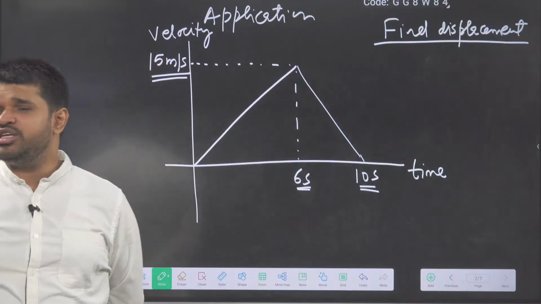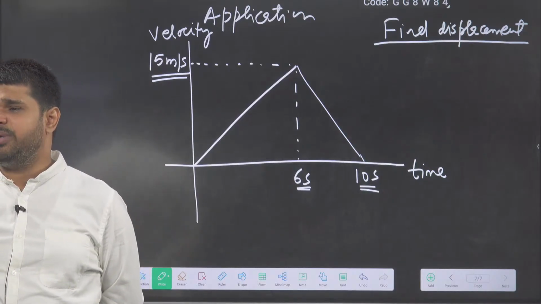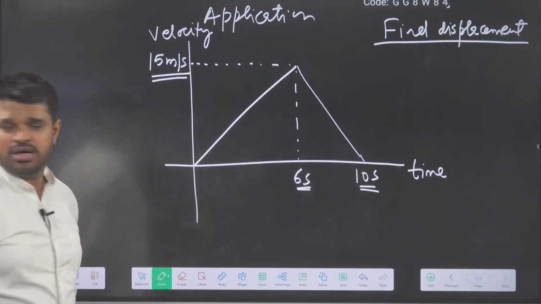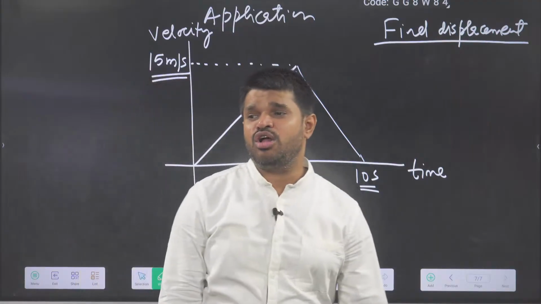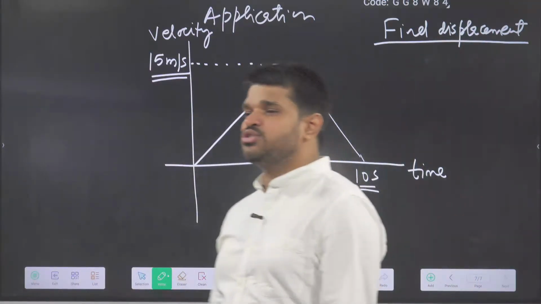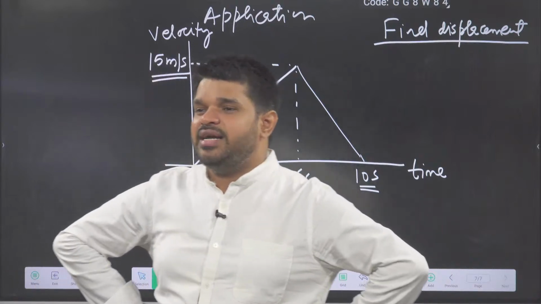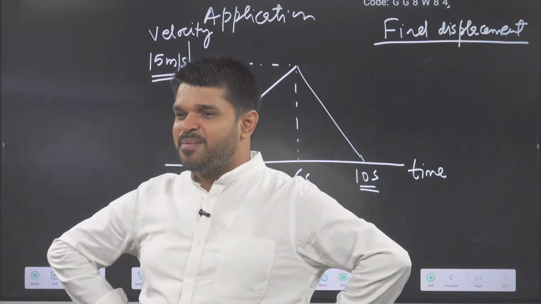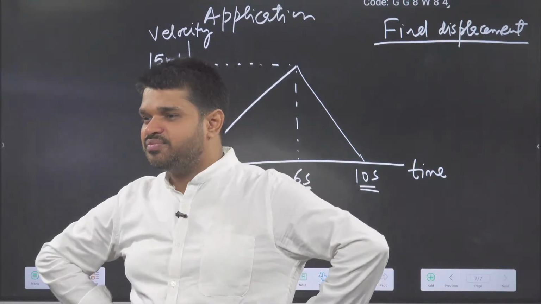Lakshmi, 10 seconds is not useless. 6 seconds is useless. We will understand later on why. Good. My students are very smart. So I am very excited to teach these talented young minds. But make sure that you continue with the same rhythm.